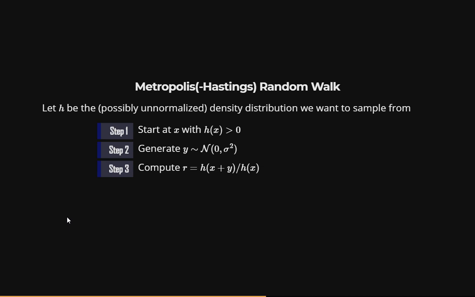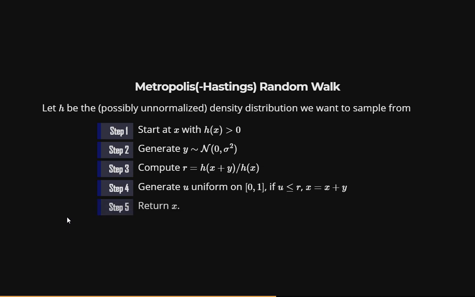Now here you obviously need that the starting point was a point with positive density. Now we generate a uniform random variable on [0, 1]. You take a sample of that. And if this sample is less than or equal to r, you reassign x as x plus y. And then you return x.